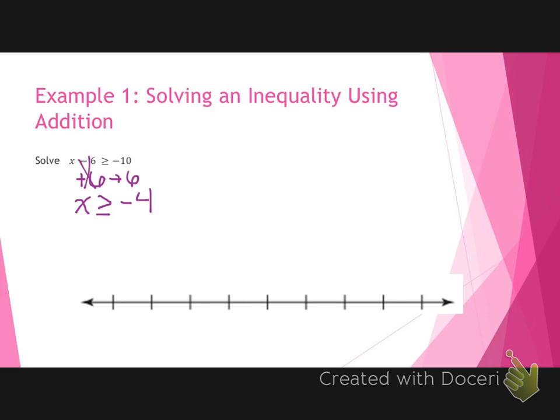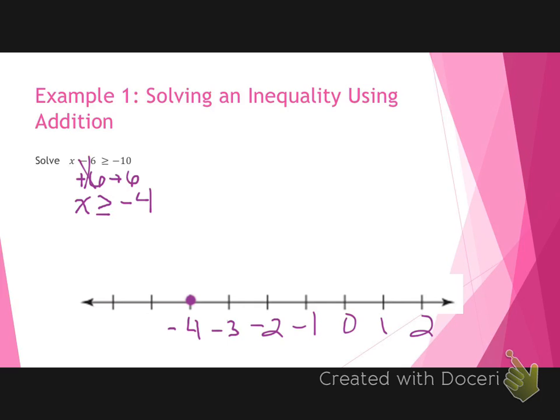Now we just need to graph it. I'll just mark this as negative 4, negative 3, negative 2, negative 1, 0, 1, 2. So it is going to be a closed circle because it's got an equal sign. So we're going to put a closed circle at negative 4.